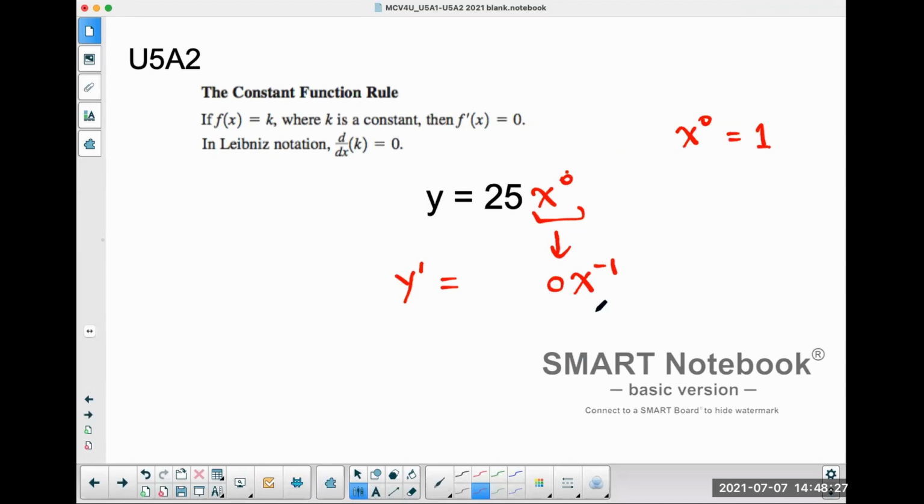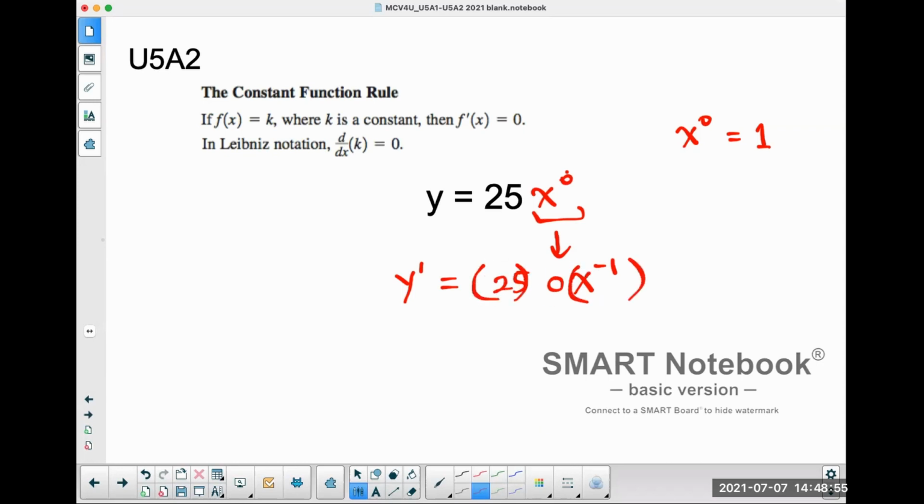Now, it doesn't matter what this part is. Anything multiplied by 0 is 0. So it doesn't matter what the coefficient is or the number in front is. Anytime you have x to the power of 0, which is what you get when you have a constant function, it doesn't matter what the a value here or the 25 here is, you multiply it by 0.